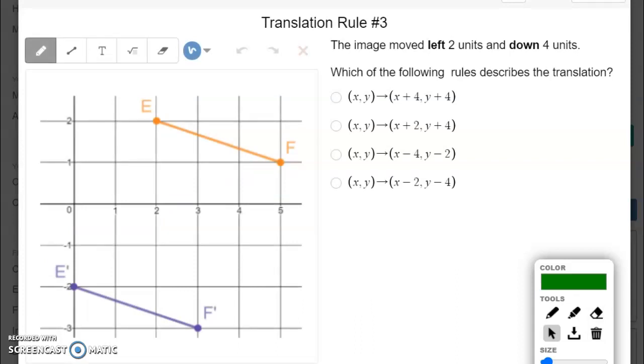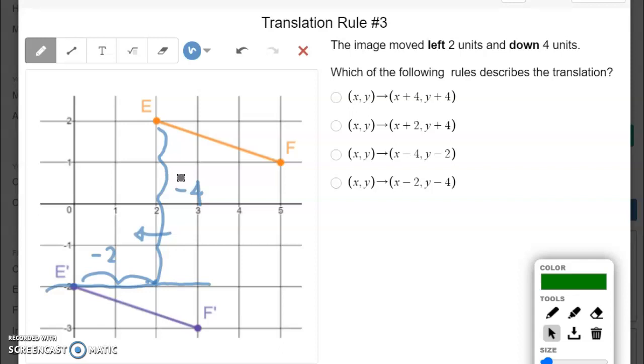Which of the following rules describes the translation? Going left means it's becoming more negative. So here we went left, went down 1, 2, 3, 4. So down y went down by 4, then to the left by 2, so it's -2 here. So the x coordinate, the horizontal position, changed by subtracting 2.